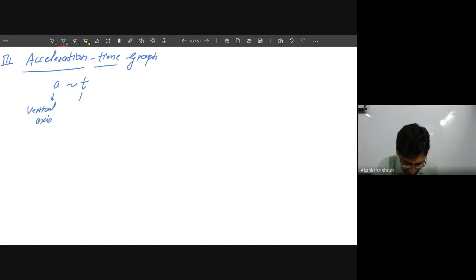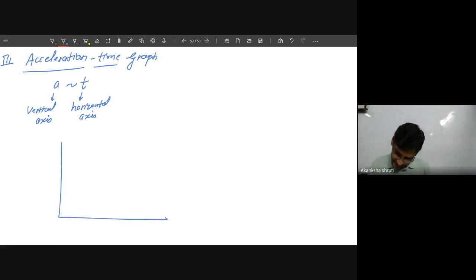Students, like the earlier plot, if we are given different acceleration values we can plot them in this plane, where the vertical axis represents the acceleration and the horizontal axis represents the time.